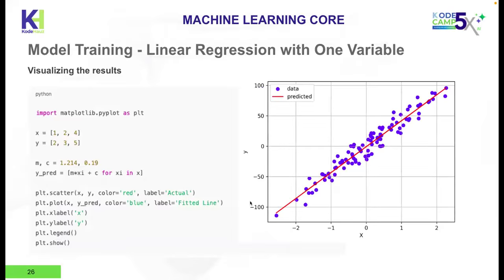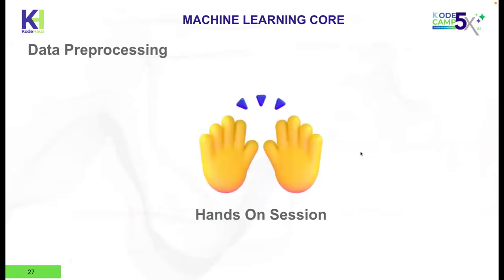When you are finished, you can write this kind of code to visualize it, right? And this is a good example of data. The data is the blue one, and the red line is your linear equation, the line of best fit that will predict it. So that is the end of linear regression.